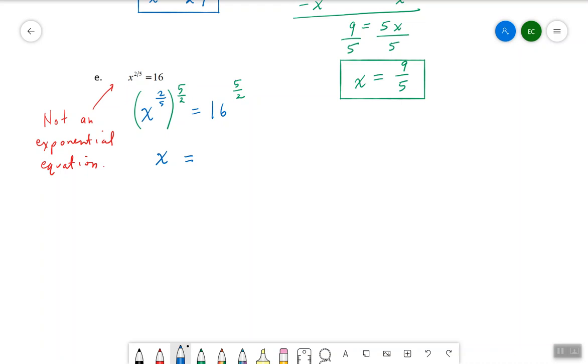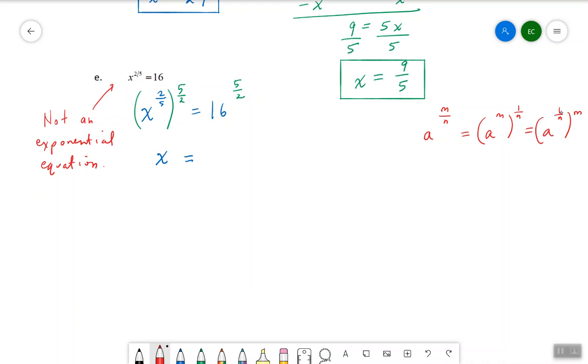I'd like to come out to the side and remind you that a raised to the m over n is the same as a to the m raised to the 1 over n, or a to the 1 over n raised to the m.